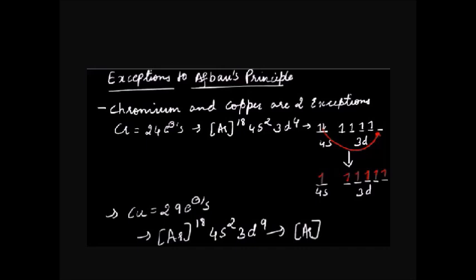Therefore, the configuration becomes Ar 18, 4s1 and 3d10. This is like chromium, which has Ar 18, 4s1 and 3d5. Thank you.